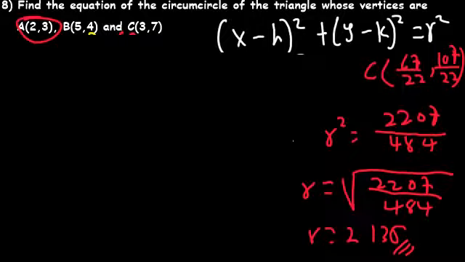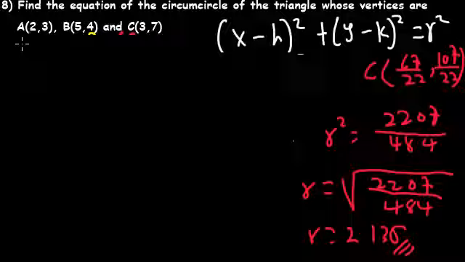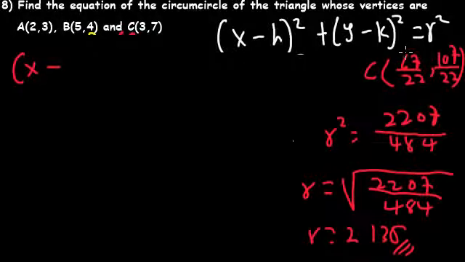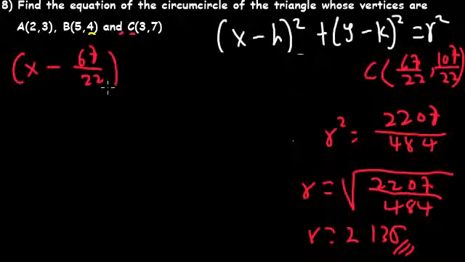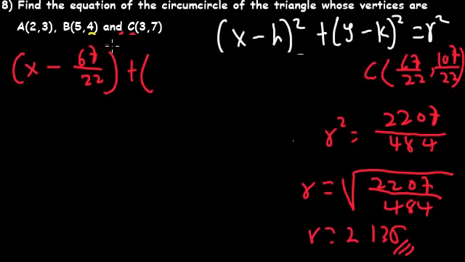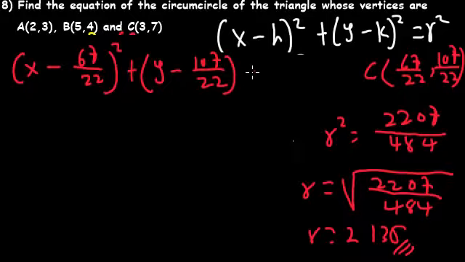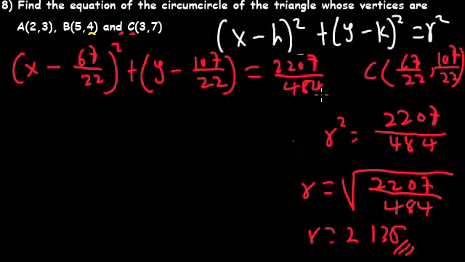So let's use this one. We have x minus h, and h is 67 over 22. Then plus y minus k, 107 over 22, with each squared, then equals r squared, which is 2207 over 484.